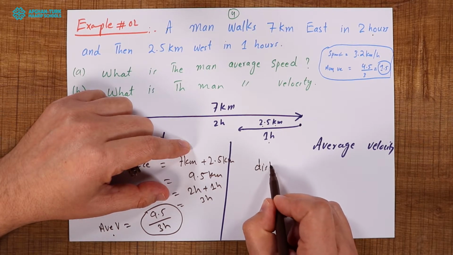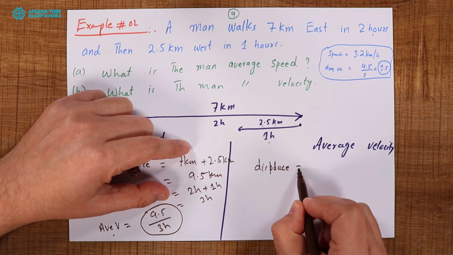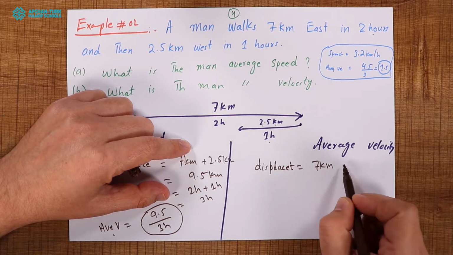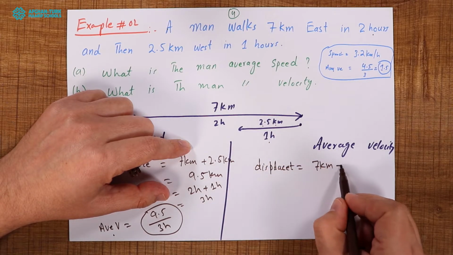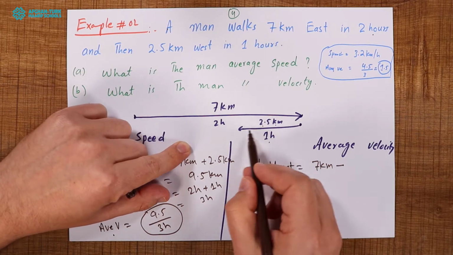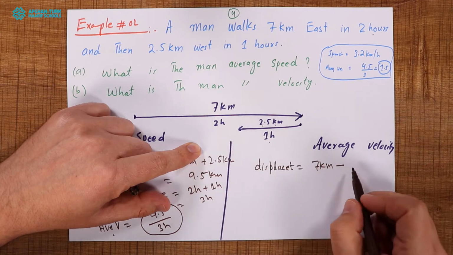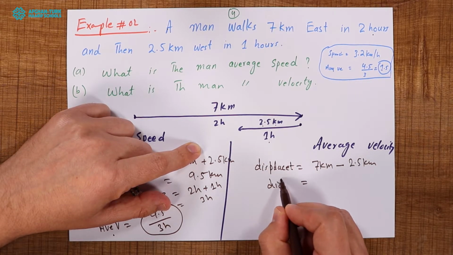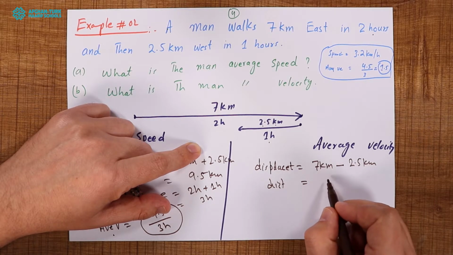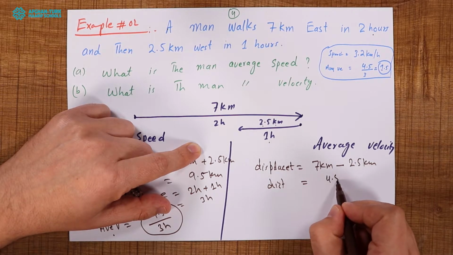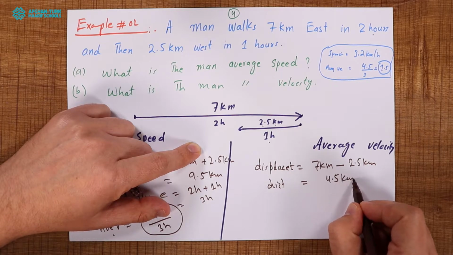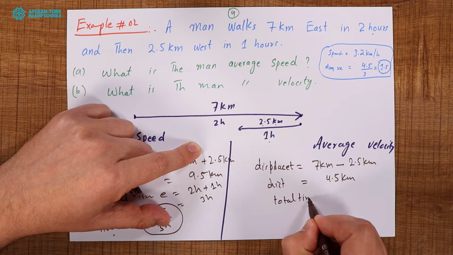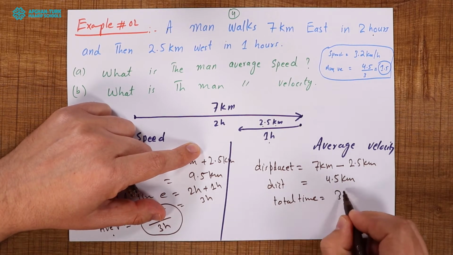Displacement: 7 kilometers toward east, but if he turns back, we will subtract this value because of the vector, 2.5 kilometers. So the displacement, if we subtract this, will be 4.5 kilometers, and the total time is equal to 3 hours.